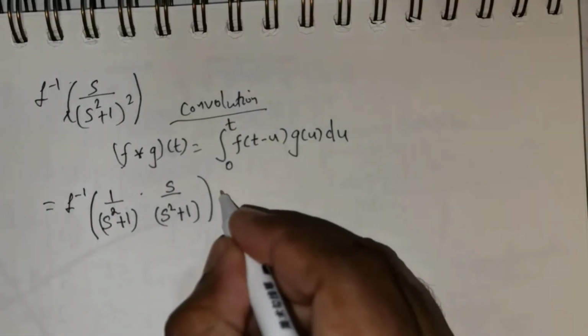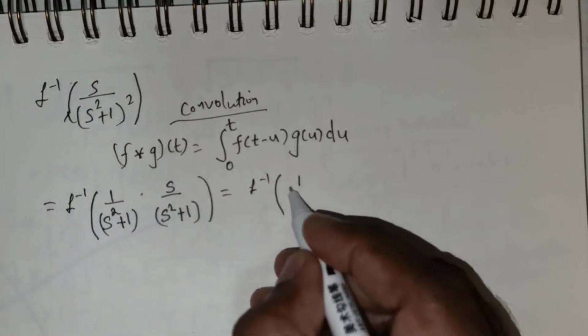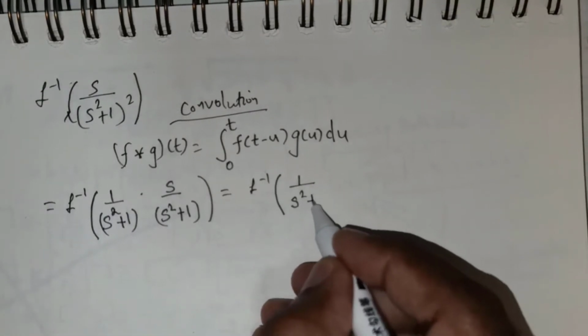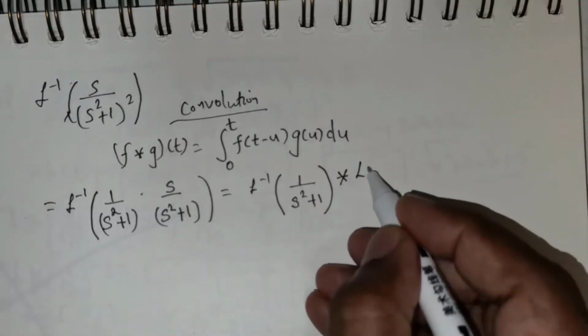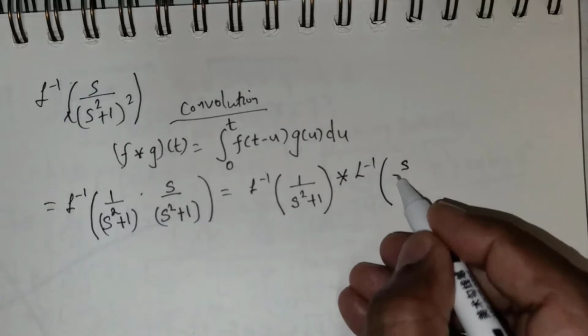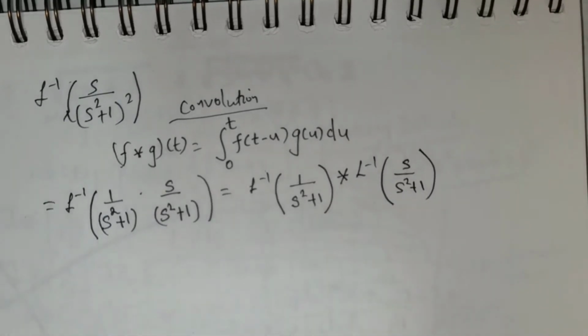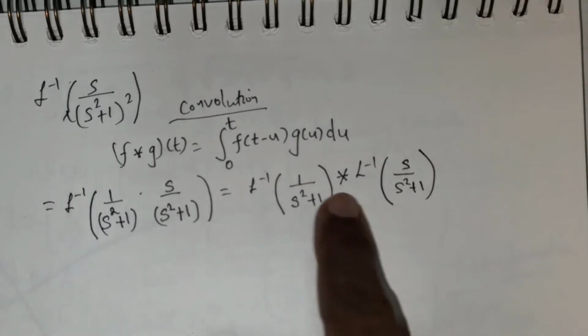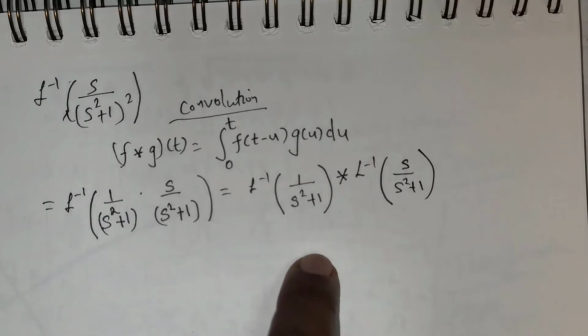But if I rewrite this as L inverse of 1 over (s squared plus 1) asterisk L inverse of s over (s squared plus 1), now comes the convolution. You have to understand that convolution is not product; we call it asterisk.